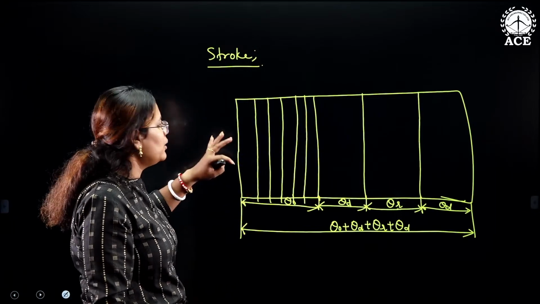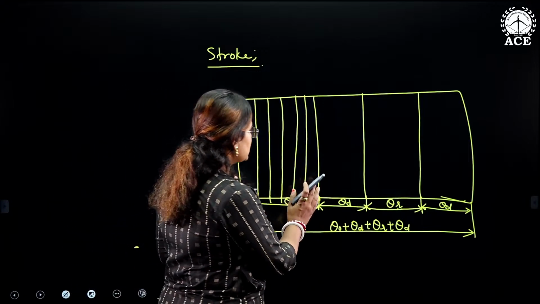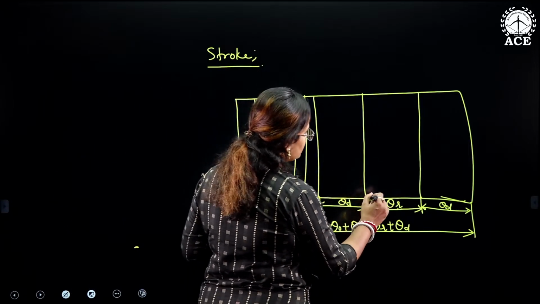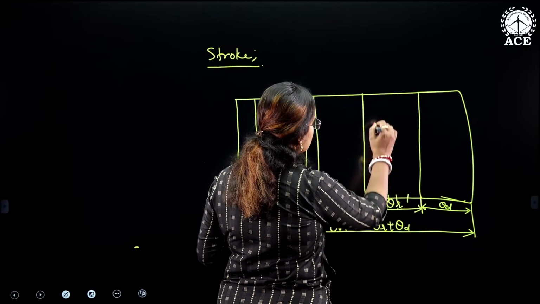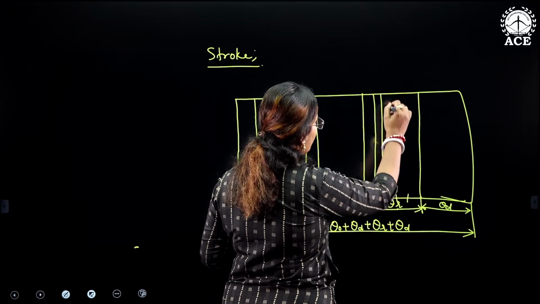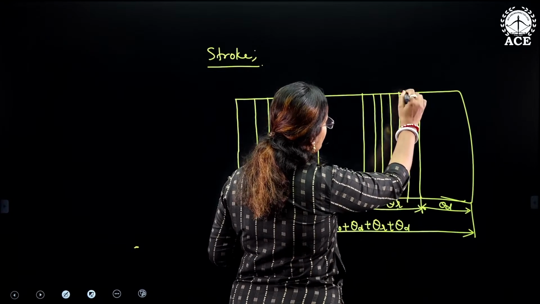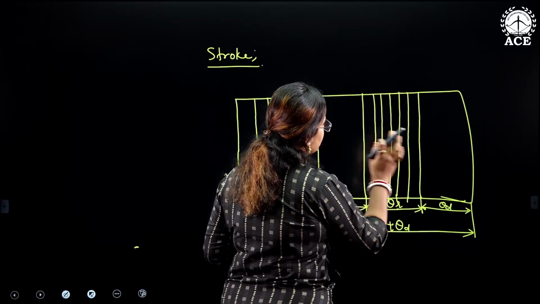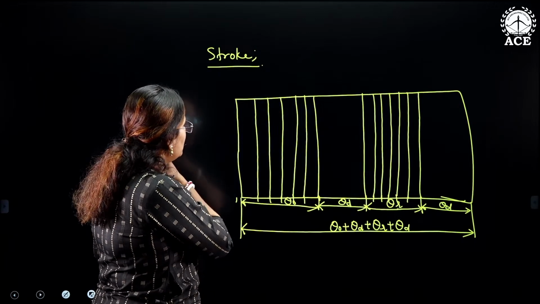It is following about uniform acceleration and retardation. The same equal parts you will divide for the return stroke also. 6 equal parts.